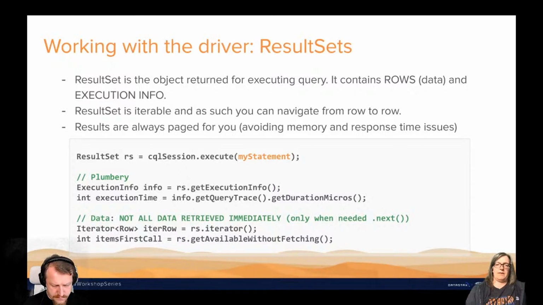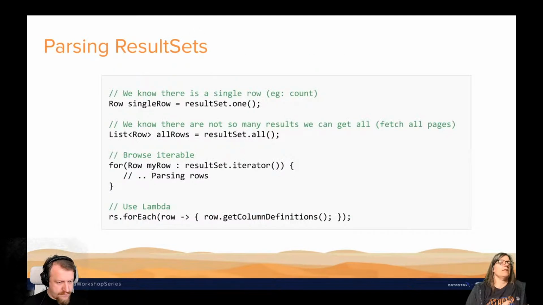And the rows, this is the object that you want to iterate through in order to retrieve all your results, right? You just get one from your result set, you just want the first one, or you want to have all of them, or you want to page through them and iterate through them.